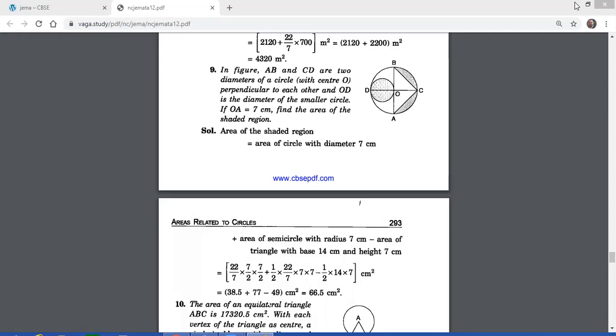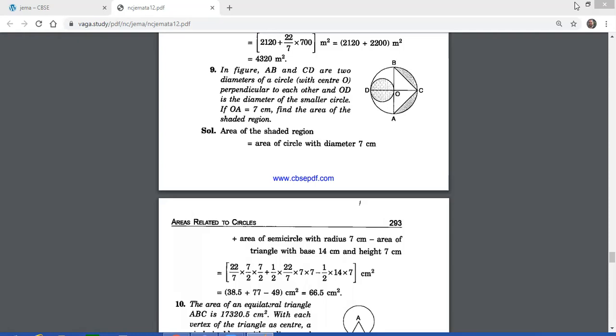We get this 38.5. And then the next part, we are solving this pi r square minus half base into height. So this is getting cancelled here. And this is pi r square. We cancel this. Okay. So the total area of the shaded region we will get as 66.5.